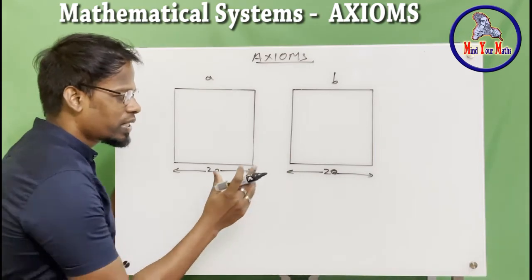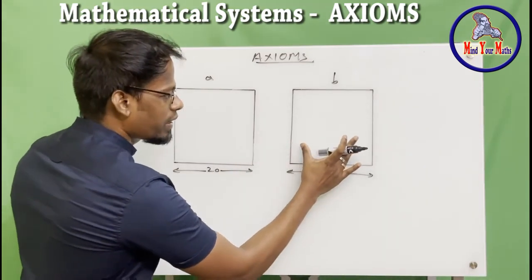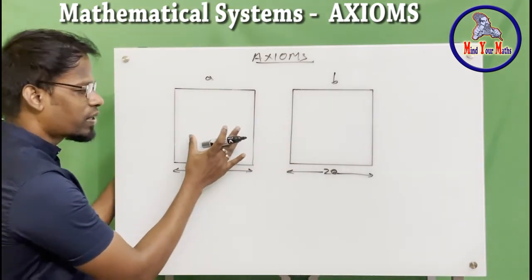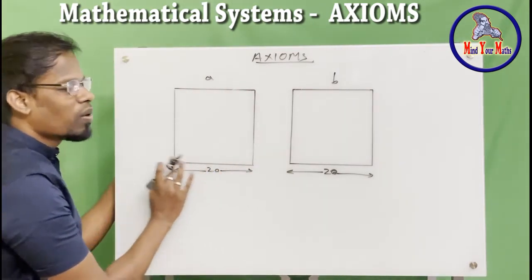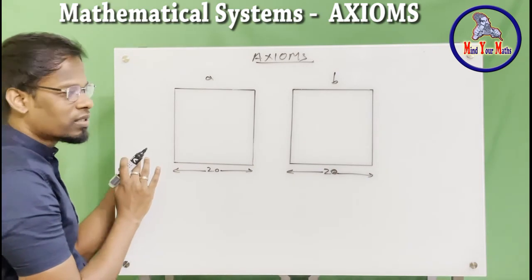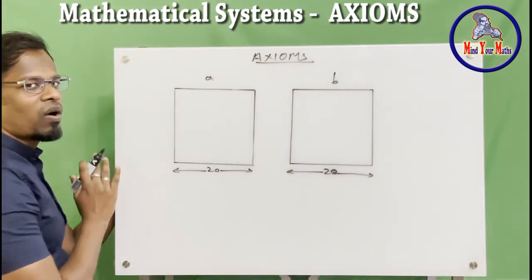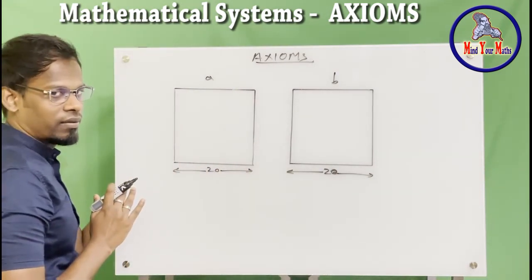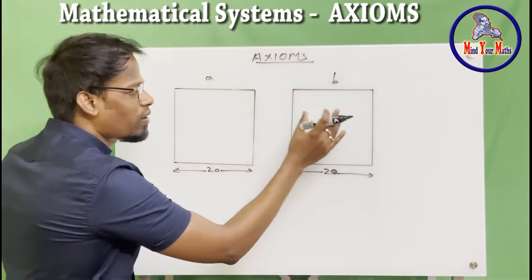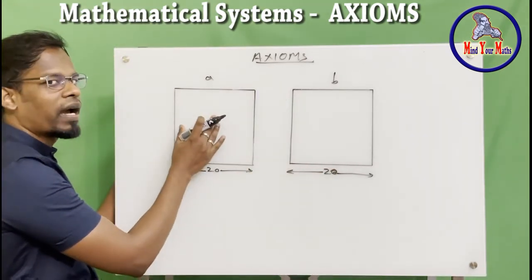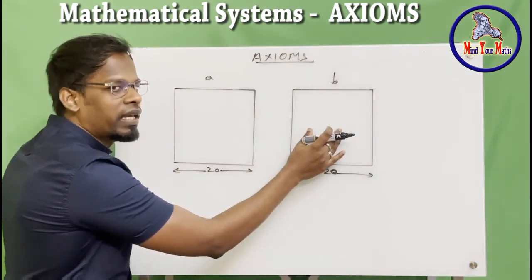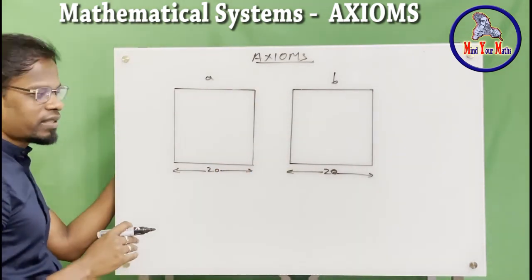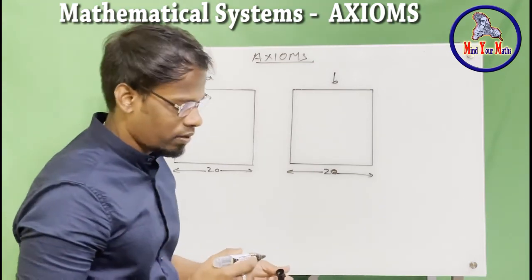Now you see, if you take this square and exactly fit it on top of this one, it will exactly coincide on the plane, right? So A can coincide on B, B can coincide on A. So that is why these planes are equal. So that's the axiom 4, right guys?